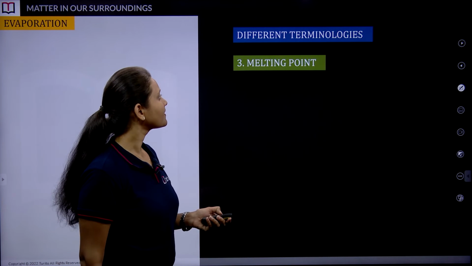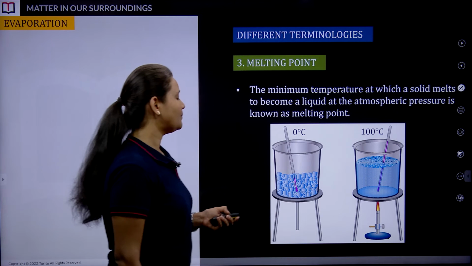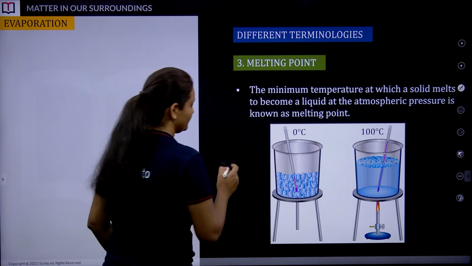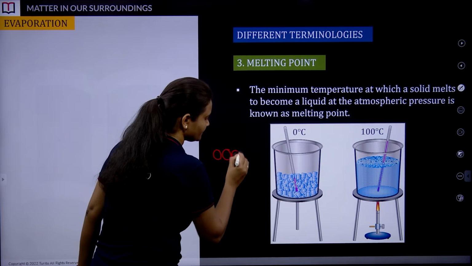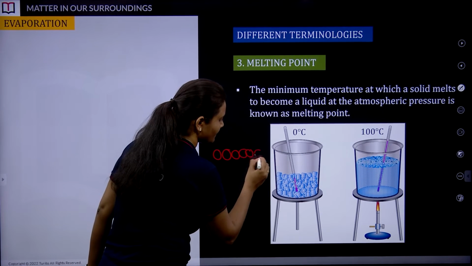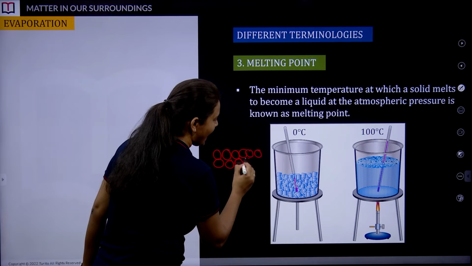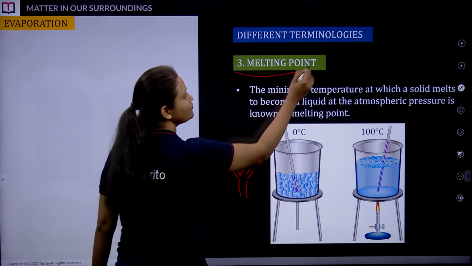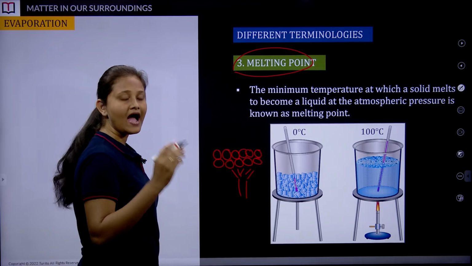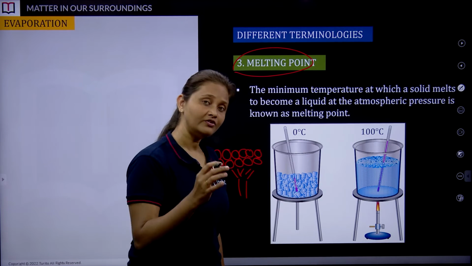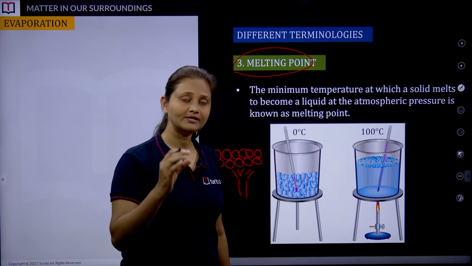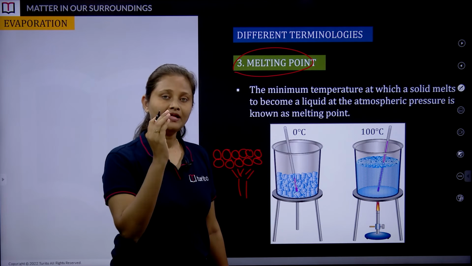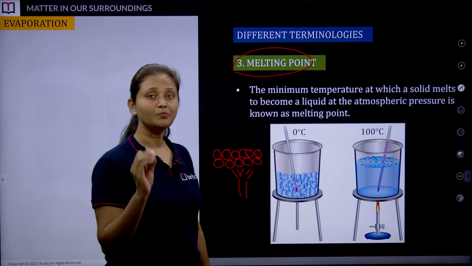Alright. Next, we have melting point. Students, it is again the same as boiling. Here we have solids. Consider this is ice. If you supply heat to this ice, which is solid, you are going to melt it, and the temperature at which each and every ice particle or ice cube melts out completely can be considered the melting point.